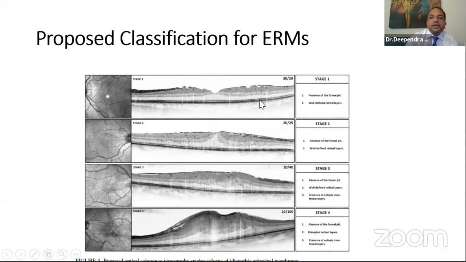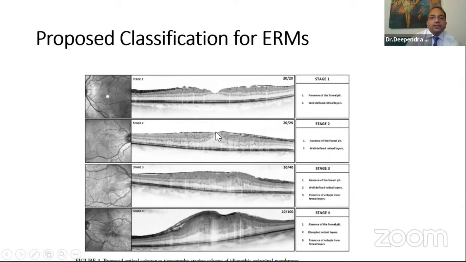in stage 1, you see a simple epiretinal membrane, but everything else is fine. So they categorize as stage 1 where you can see a foveal pit and all the layers are at their place. There is no increase in thickness of retina. Outer nuclear layer is also the same. Unlike this, in stage 2, they describe that you lose your foveal pit.